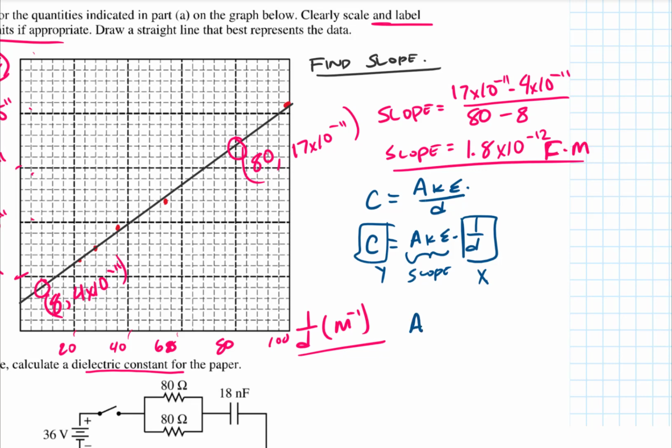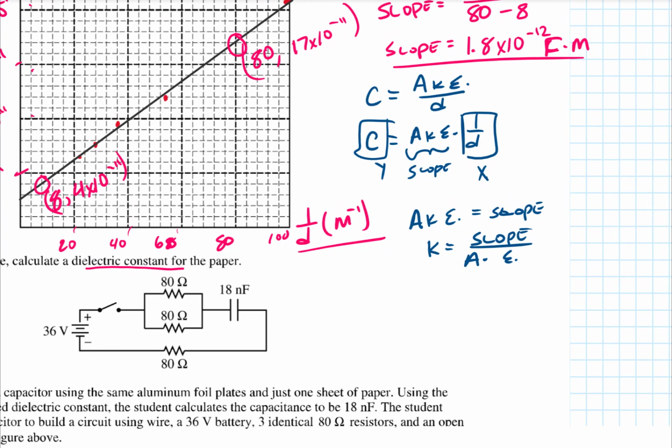So A times kappa times epsilon naught is equal to the slope. It's important that you state that. College Board needs to see that you know what the slope is and it's not just the value that you're after. So kappa is going to be the slope divided by the area times epsilon naught.